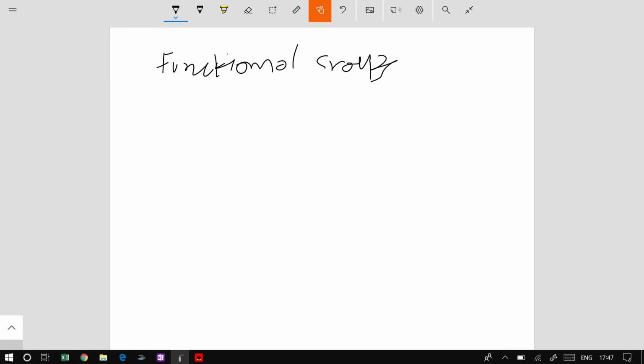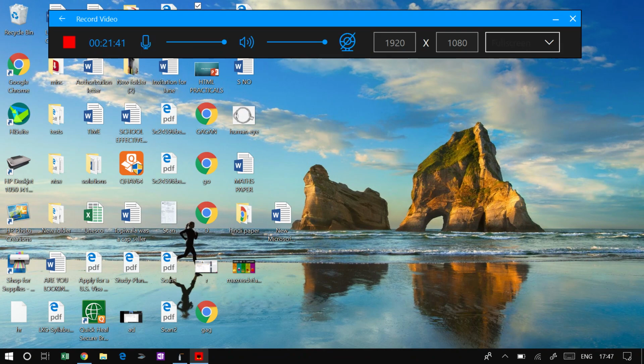The functional groups play a major role.